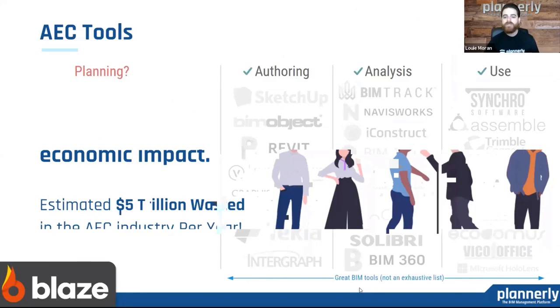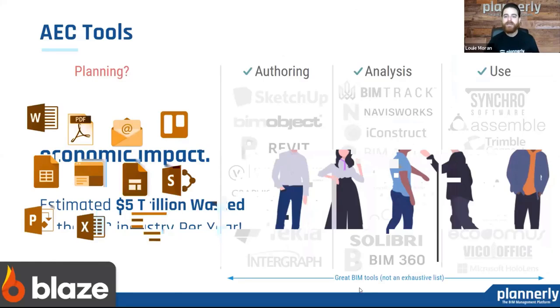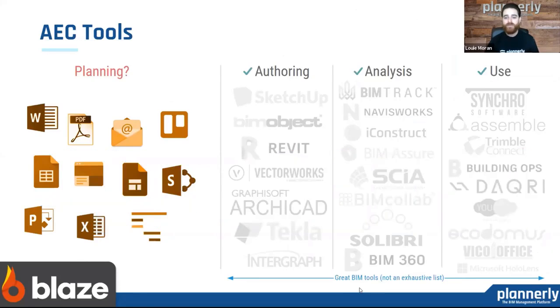Then we look at the tools that we're using. There are a lot of great tools that we have for authoring, analysis, and use. But when it comes to planning, we use a lot of other great tools in their own isolated environment. So Word, Excel, project management tools that help us with the administration parts throughout the project.